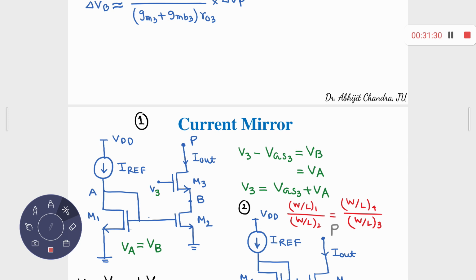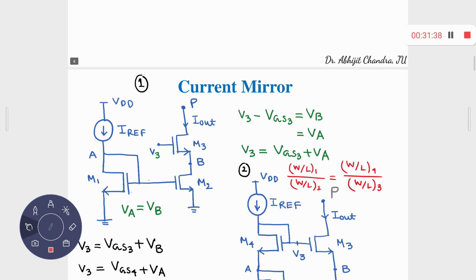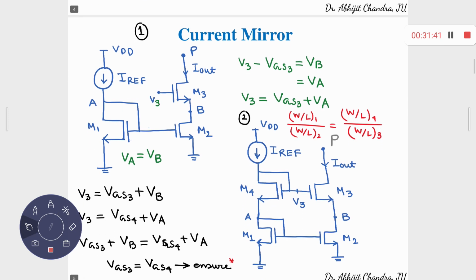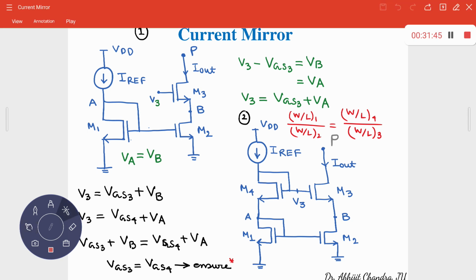Therefore, on top of this MOS M1, you can add another MOS, like this. I call this MOS 4, M4. Previously that potential was there. What is that potential? That is equal to VA.